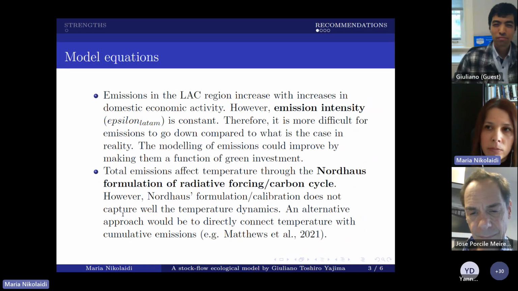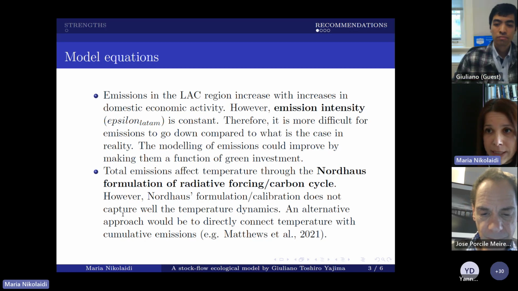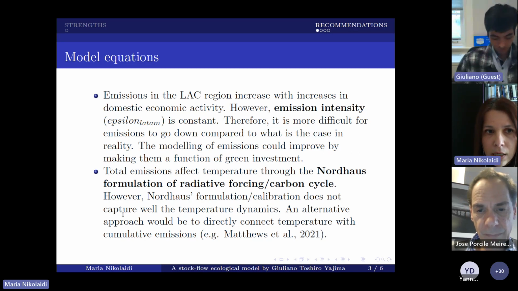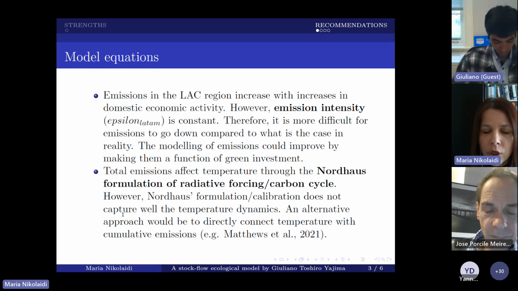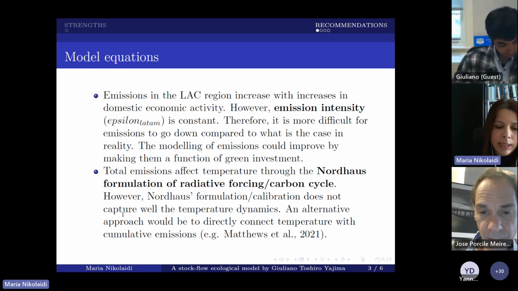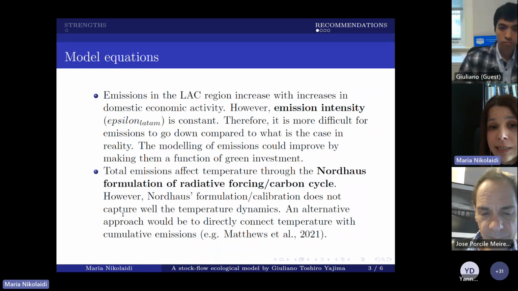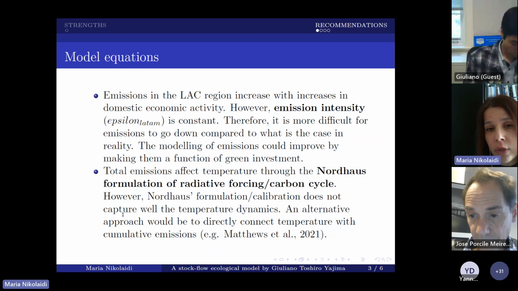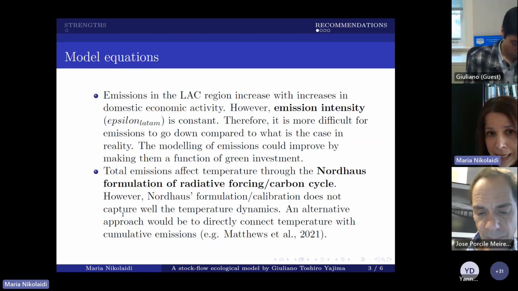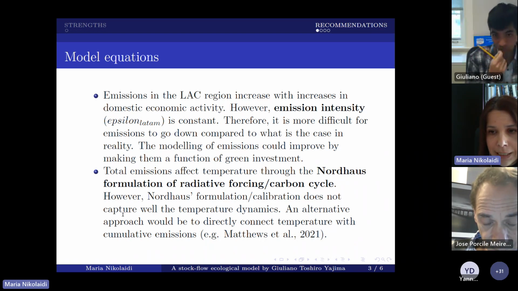So let me now turn to some of the recommendations that I would like to make. And I'll start with the model equations. My understanding is that you have these total emissions, and then these total emissions take into account both the industrial emissions and the land emissions. The industrial emissions are specific for the Latin American and Caribbean region, and obviously they increase when we have more economic activity.